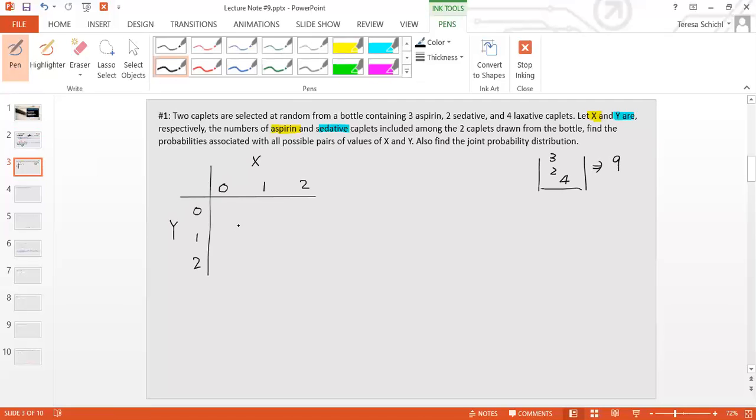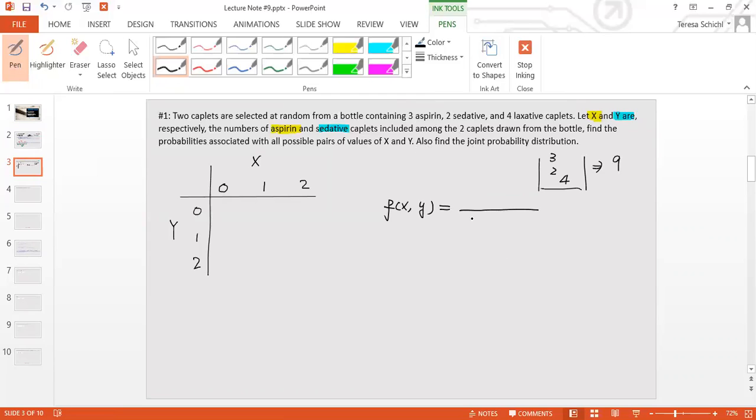So first I find this table, the joint distribution. Next I'm going to find the probability for every single combination of the possible values of x and y. In total I have 9 and I want to take 2 caplets.